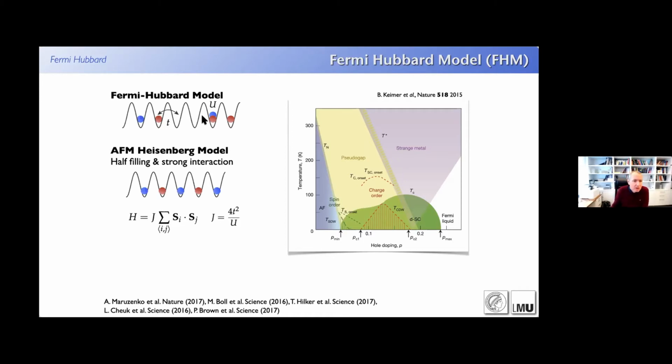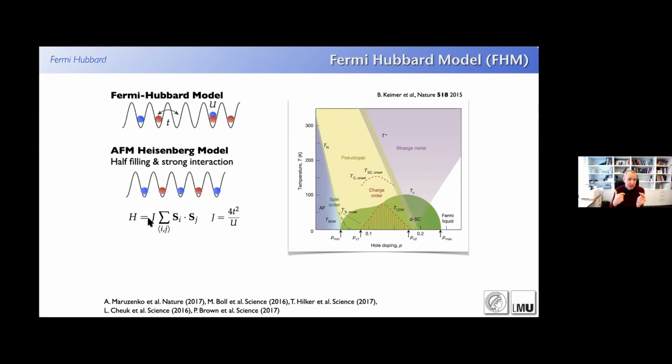So we're not even talking about long-range interactions here. We also discussed that when you have unit filling and you're in the regime of strong repulsive interactions, this Fermi-Hubbard or Bose-Hubbard model becomes an effective Heisenberg model with ferromagnetic or antiferromagnetic exchange couplings for the spins sitting on neighboring sites. Remember, for bosons we had the ferromagnetic coupling, so this J term would actually be negative here.